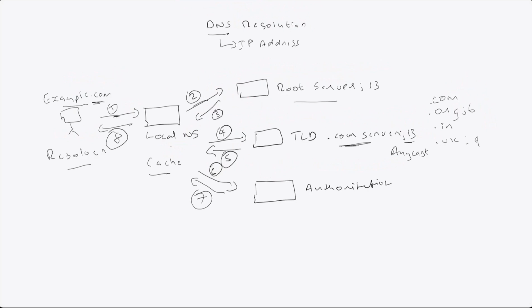And much like the root server, it's unlikely that the .com server is going to have the mapping for example.com, but instead it sends you the list of name servers that are associated with example.com that you can send the DNS query to. Finally, the local name server would send the DNS query to one of those name servers associated with example.com, get back the mapping, and then send that mapping back to you. So this is how the entire DNS resolution process happens.